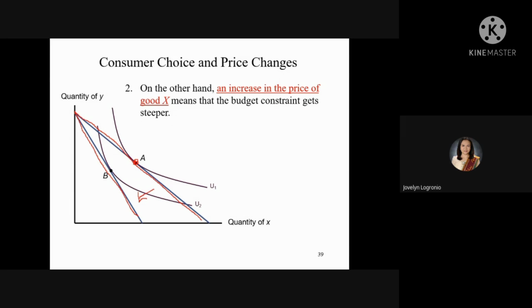So the movement from point A to point B, B here is the new optimum point, right? B is the new optimum combination as the price of good X increases. So the movement from point A to point B is called the total effect.